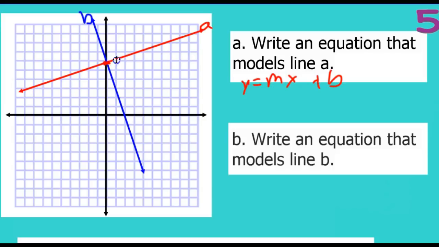And I'm going to go to, it looks like we have a point right here. So I'm going to go up 1, 2. My rise is 2. My run is 1, 2, 3, 4, 5, 6. So 2 over 6, which actually would be 1 over 3. So y equals 1 over 3x. And our b, our y-intercept, it looks like it crosses at 1, 2, 3, 4, 5, 6.